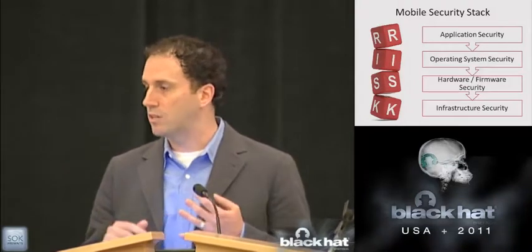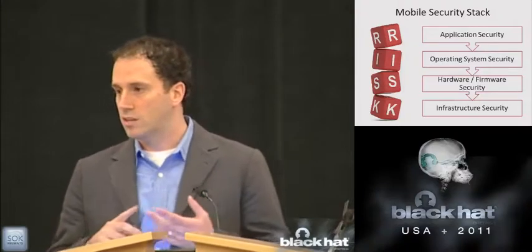At the top layer, we have the application security, which would be your actual apps that you're running on the phone, the code that calls the APIs provided by the operating system. Your flaws at this layer are going to be coding flaws, Trojan spyware type applications that make it into the marketplace, those types of attacks.